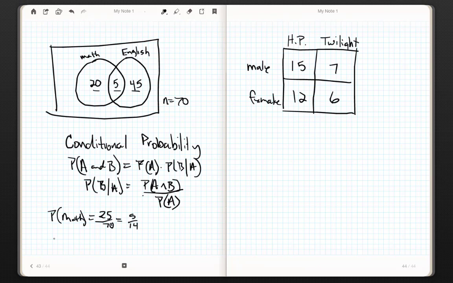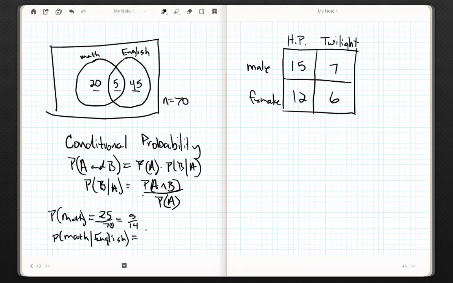However, watch this. Now, I'm going to show you two ways to do this. There's a real intuitive way to do this, and then we're going to use the formula. Let's go ahead and go through this, and I'll show you what I mean. I'm going to do the probability of math given English. So in other words, what's the probability of finding a student who is taking mathematics given that they are taking English?